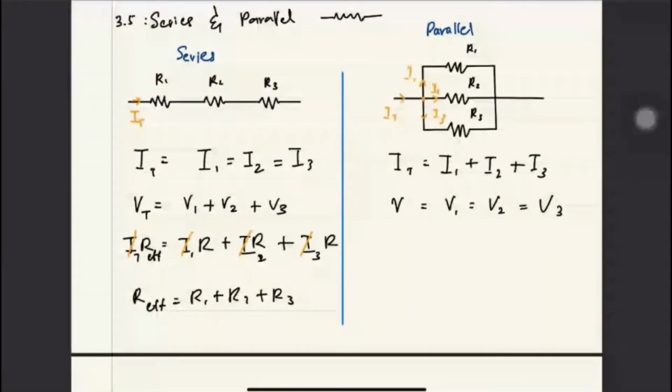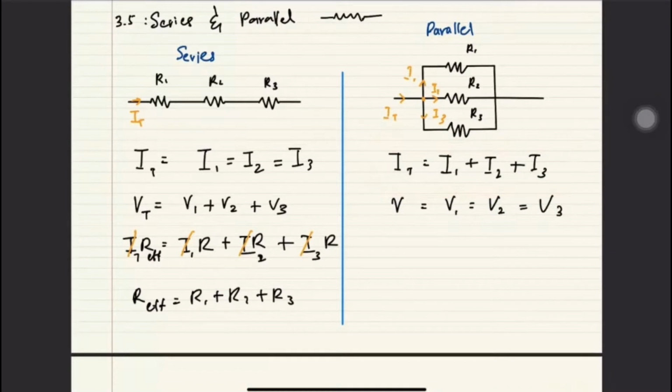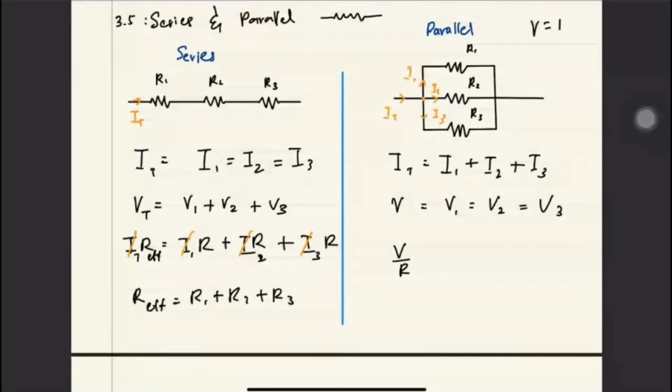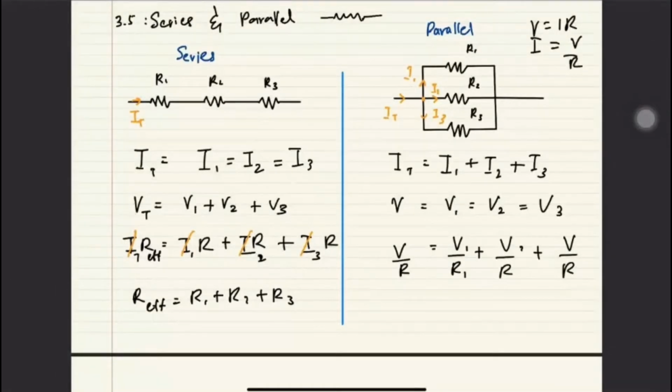This one is I, and you want to substitute Ohm's law, V equals IR, so I equals V over R. So V over R plus V over R plus V over R, the first, second, and third. The voltage is the same, so it pretty much cancels out. You're left with 1 over R effective equals 1 over R1 plus 1 over R2 plus 1 over R3.